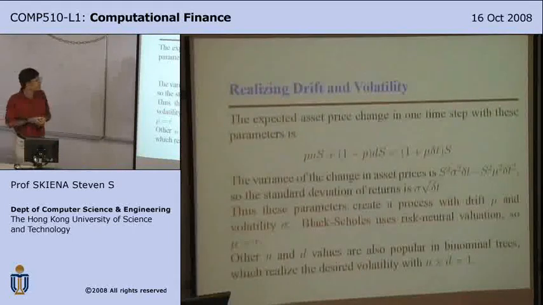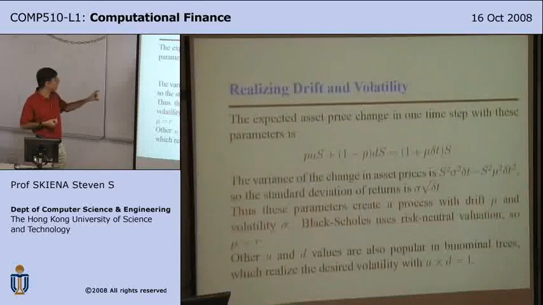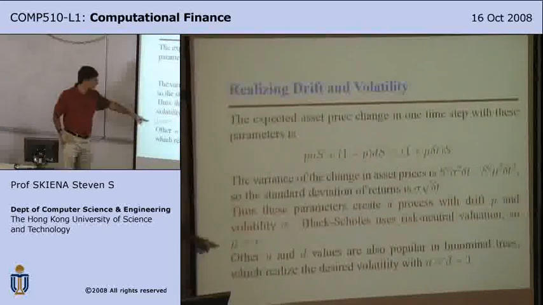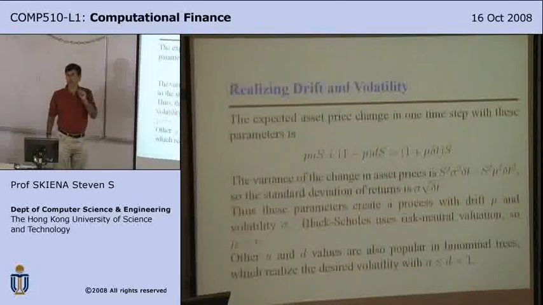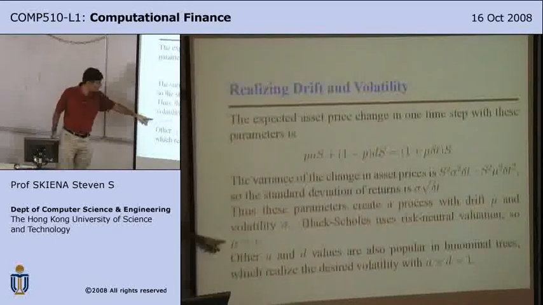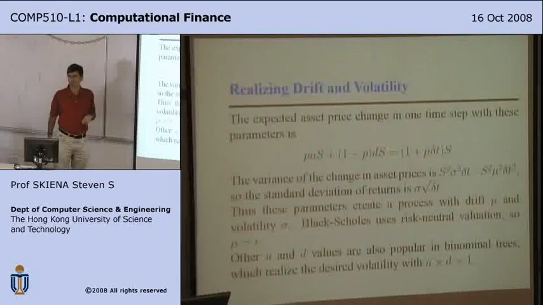So basically, these parameters give us a way to create the drift and volatility models that we want. Although, just to emphasize again, Black-Scholes uses risk-neutral valuation. So the drift that is assumed in the Black-Scholes model is based on the interest rate, the risk-free rate. Any questions?